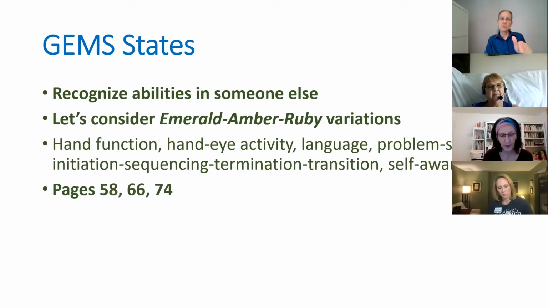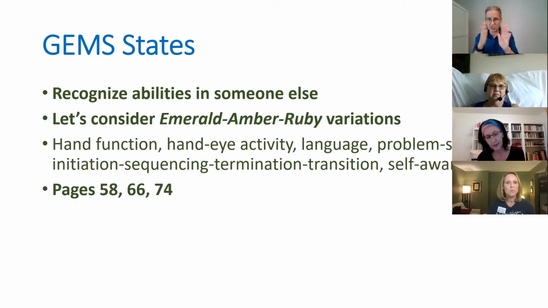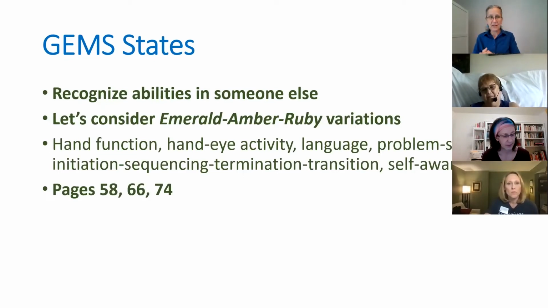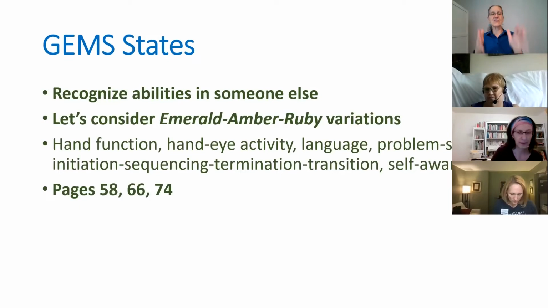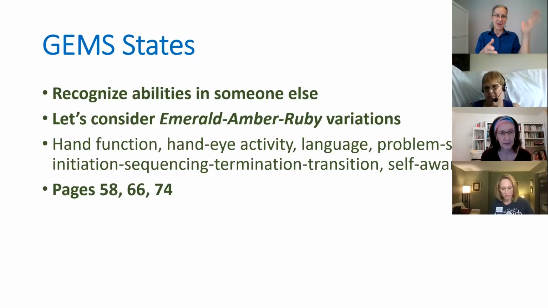To do that, we're going to be looking at pages 58, 66, and then 74, because it's emerald, amber, and then ruby.